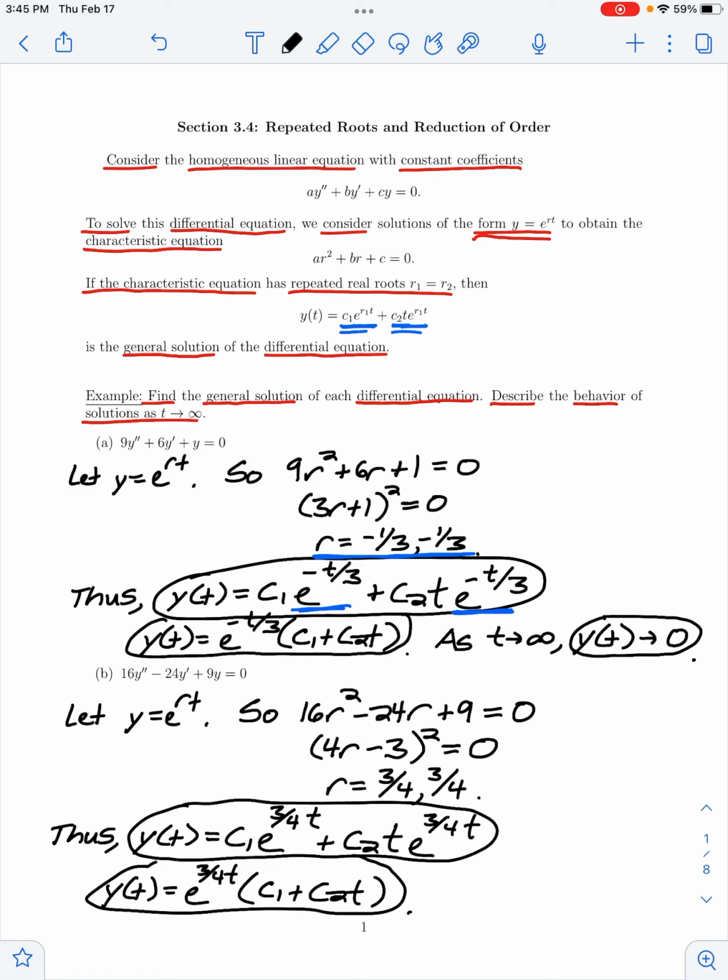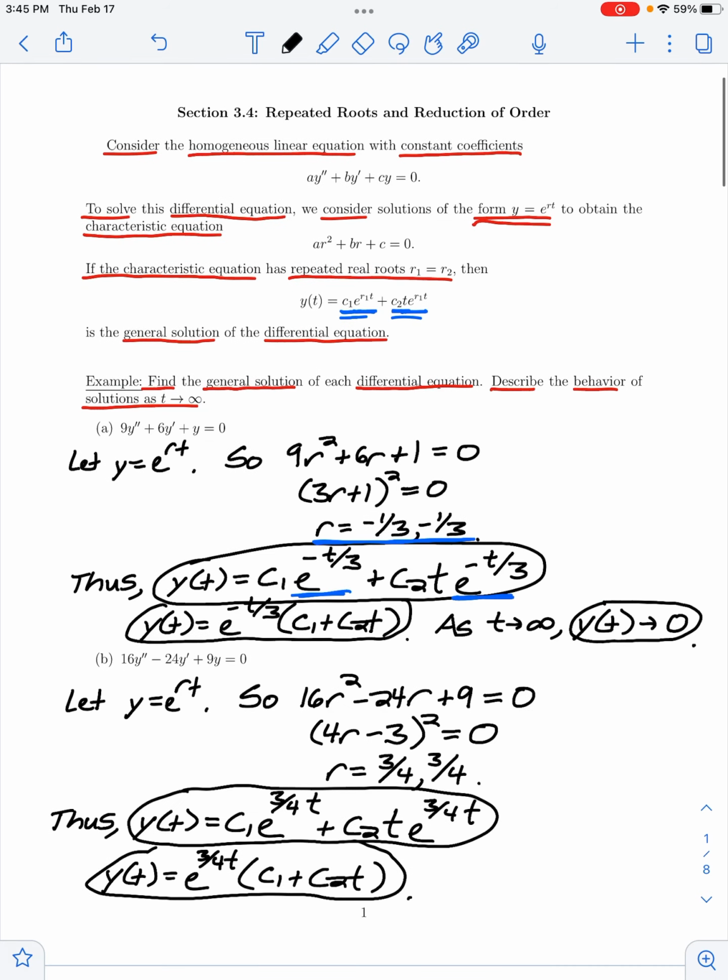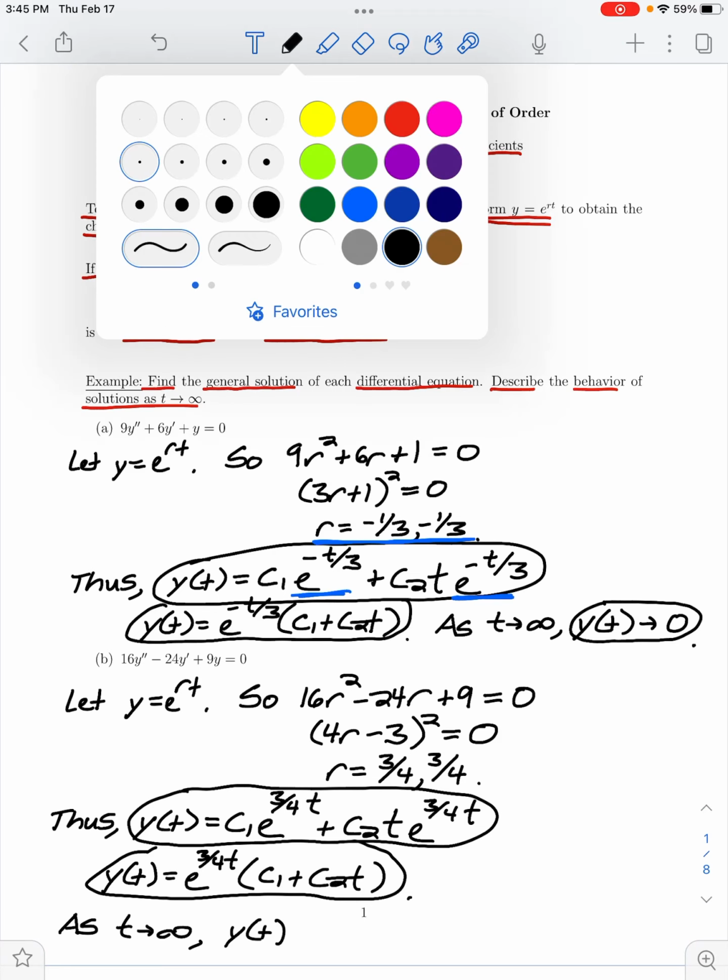And again, we're asking what happens to our general solution as t approaches infinity. So let's look at it. As t approaches infinity, our general solution, y of t, exhibits exponential growth.